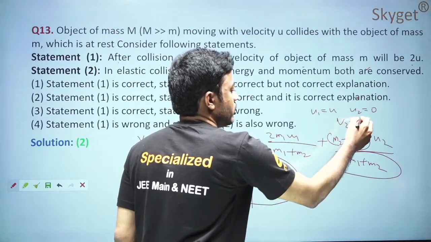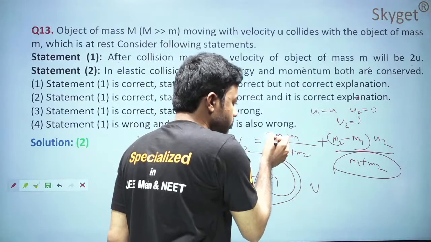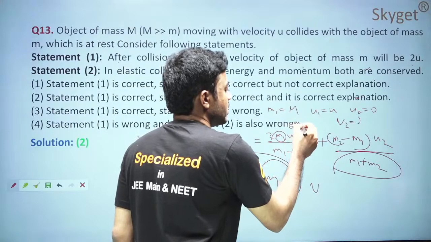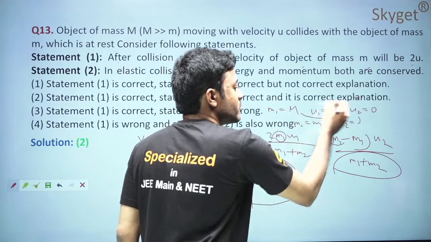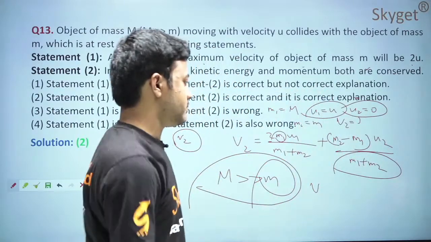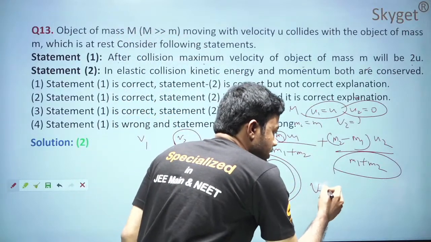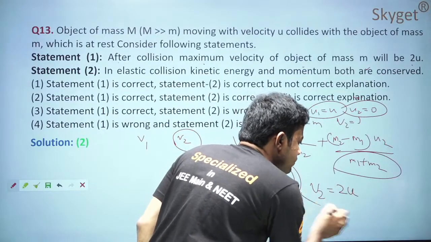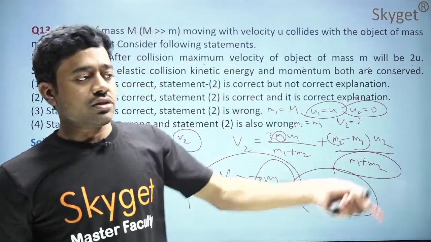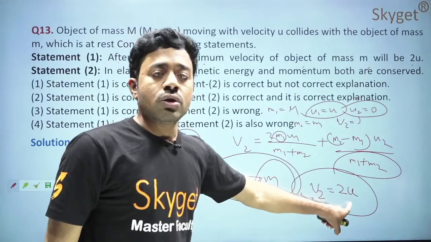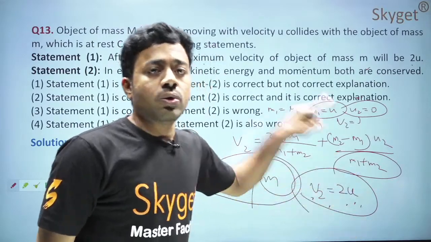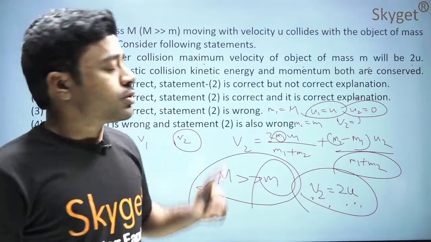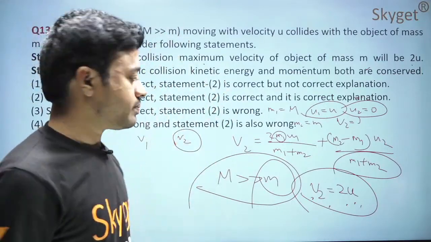Substitute the values of m1, that is capital M, and m2, that is small m, and these velocities into this equation, and you will get the velocity of the second body after the collision as 2 times the velocity of the larger body before the collision. That is, v2 is equal to 2u, where u is the velocity of the larger body before colliding with the smaller body of mass small m.